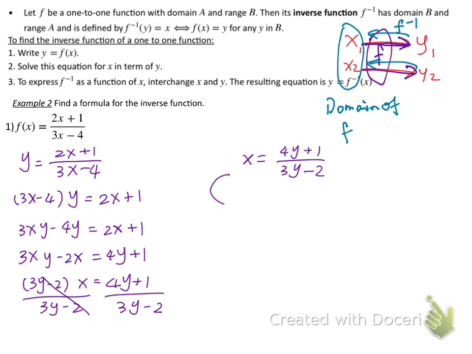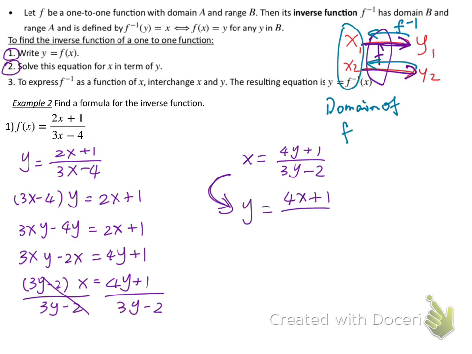Now, this is a very important step. Up to here, we rewrite f of x as y, and then we solve for x in terms of y. Next, to express f inverse as a function of x, we are going to interchange x and y, which means x becomes y. This is the interchange step, okay?